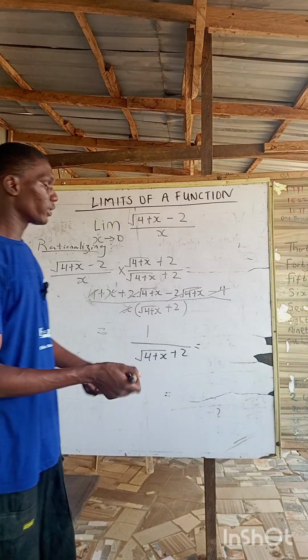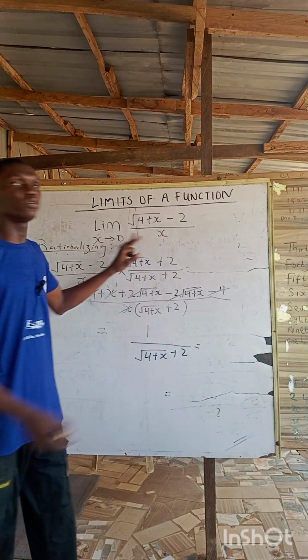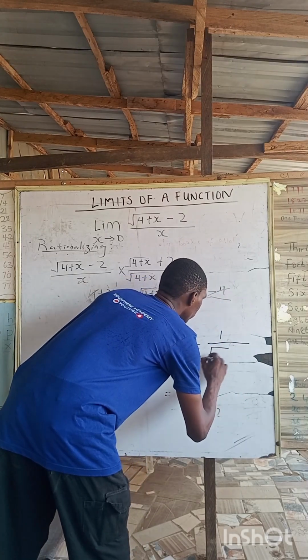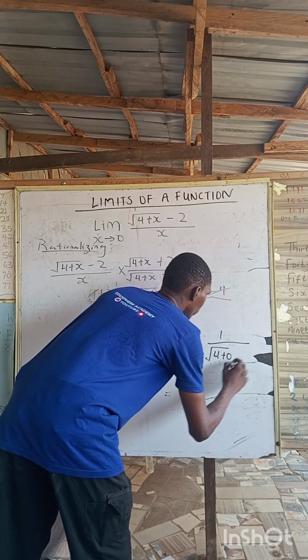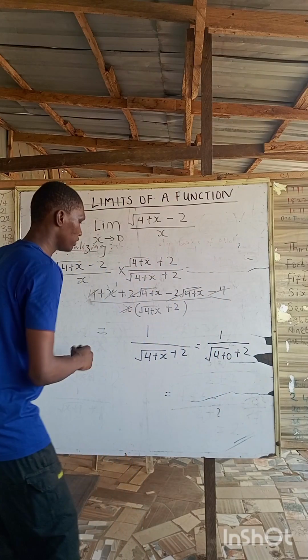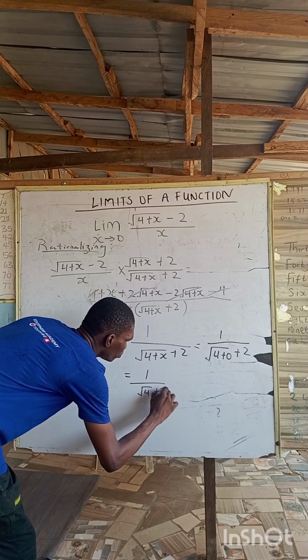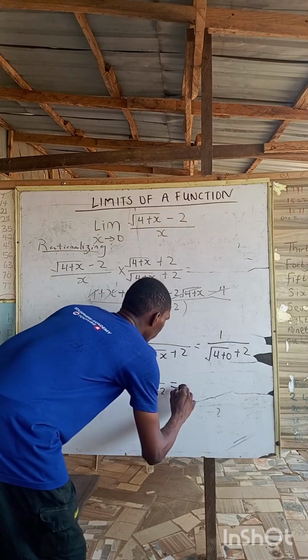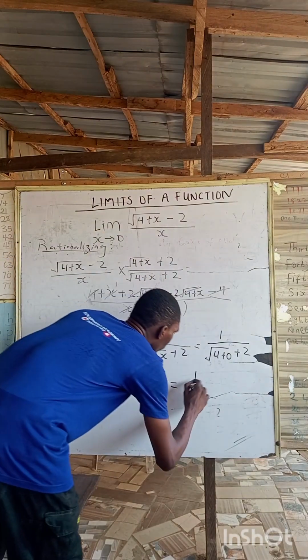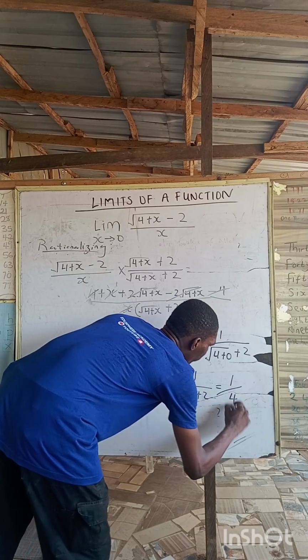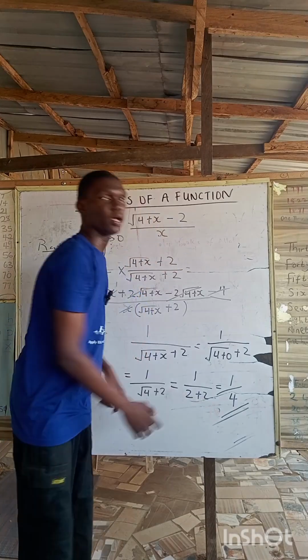Now we can substitute x to be 0. That's 1 over root 4 plus 0, plus 2, that's 1 over root 4 plus 2. We know root 4 is 2, so 1 over 2 plus 2, which gives 1 over 4. And that will be our final answer.